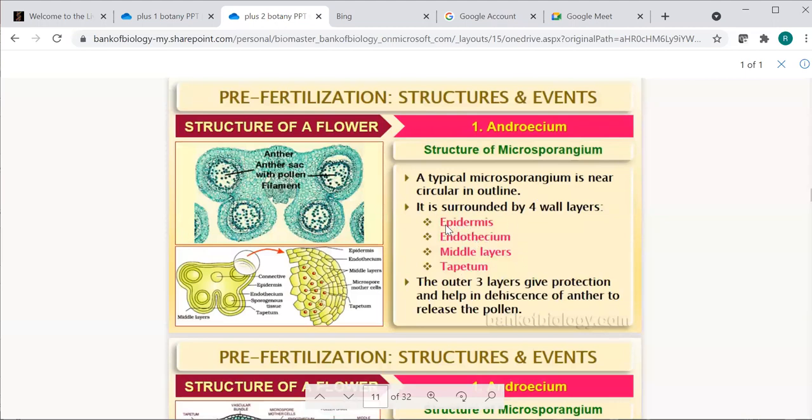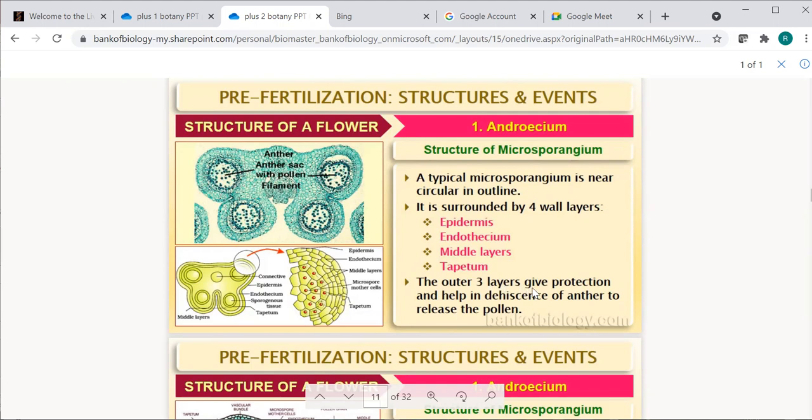Those 4 layers are epidermis, endothecium, middle layers, tapetum. Epidermis is thin in nature. Endothecium is thick in nature. Middle layers are the ones which make food. Tapetum acts like a gunda, snatches the food from the middle layer and gives it to the young pollen grains.